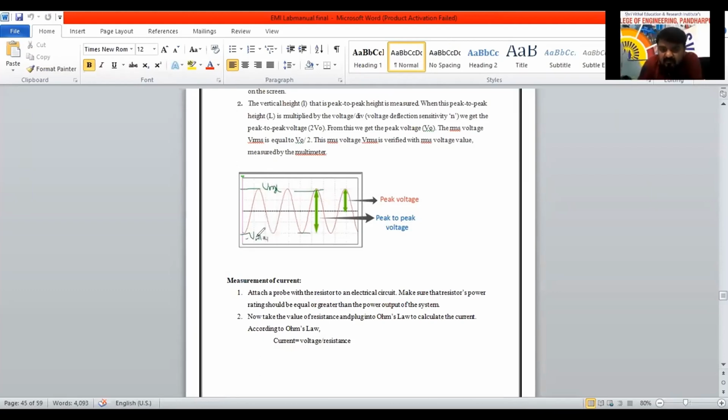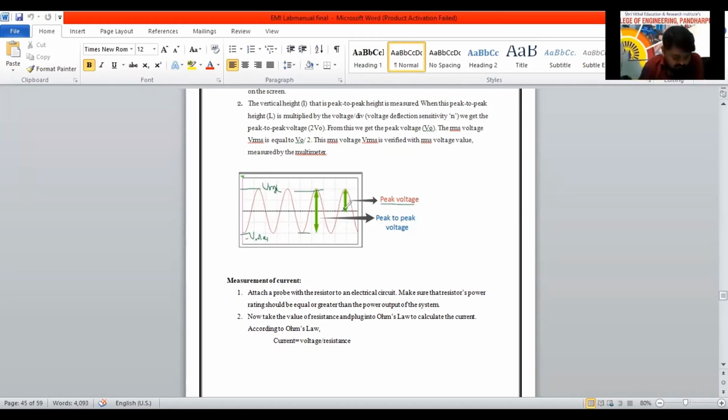This is the peak value, and this is the minus side peak value. So from peak to peak is called the peak to peak voltage, and this one alone is called the peak voltage or maximum voltage.